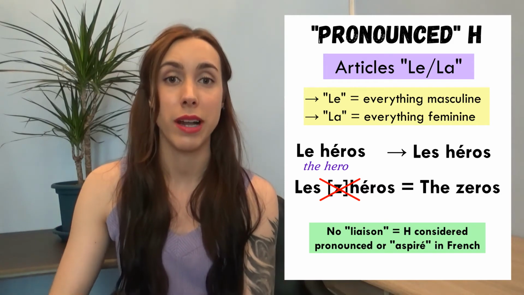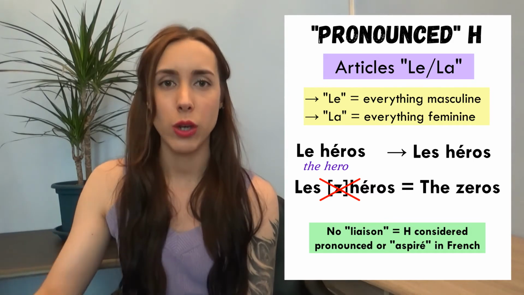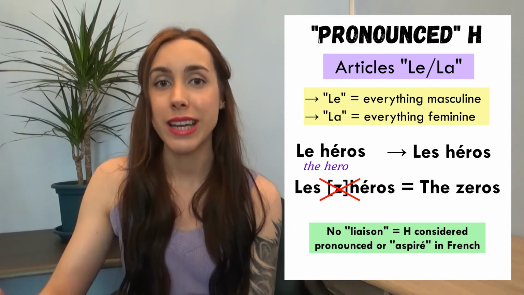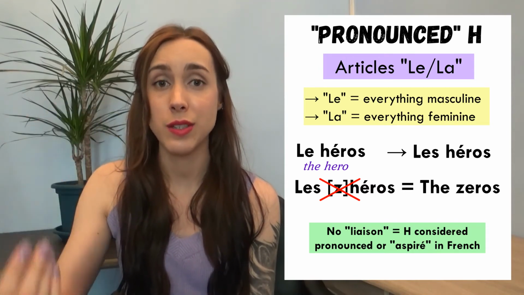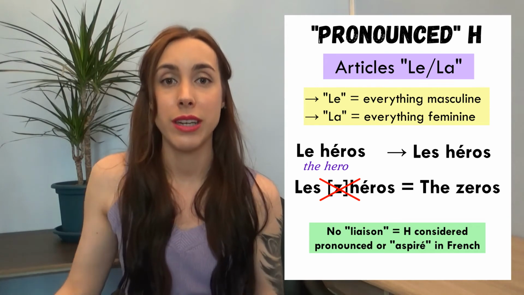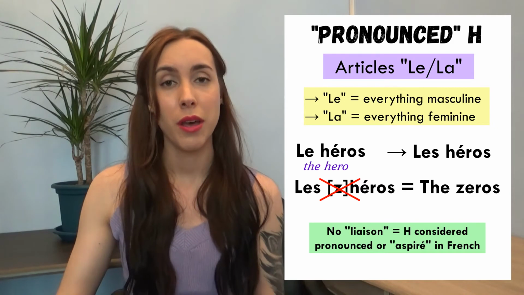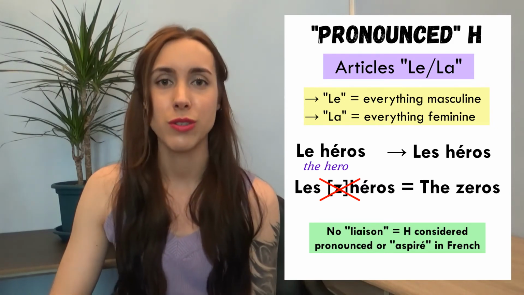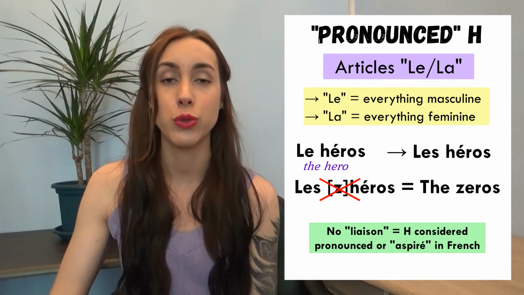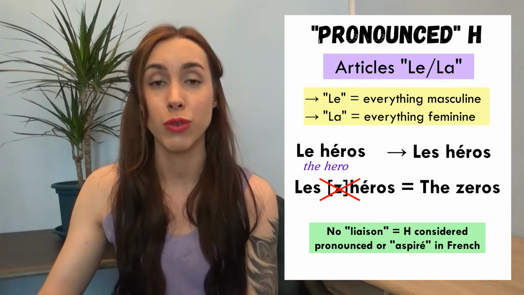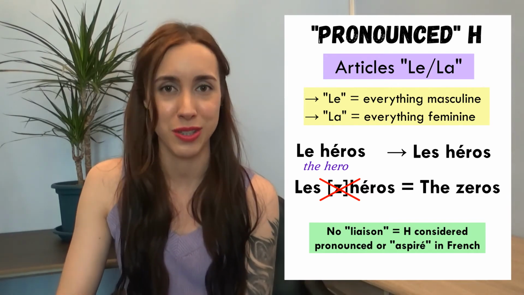So when someone tells me les héros, I know it has an H. And I understand that if the person doesn't make any liaison, any connection, then it's pronounced. I don't really think about it because it's natural, but if you want to know the rule, and if you want it to be a bit easier to remember and use this rule, this video and this explanation can help you.